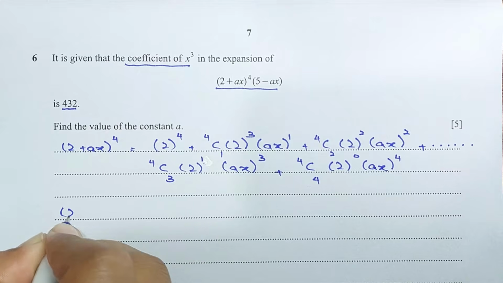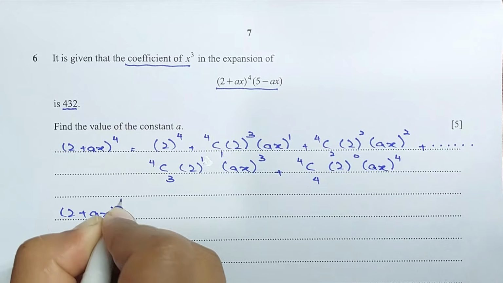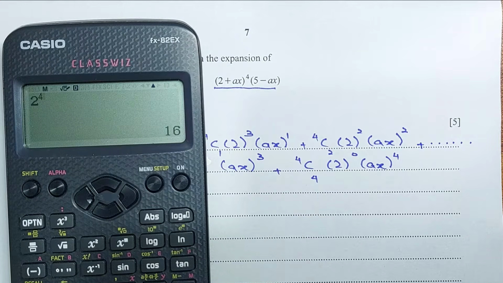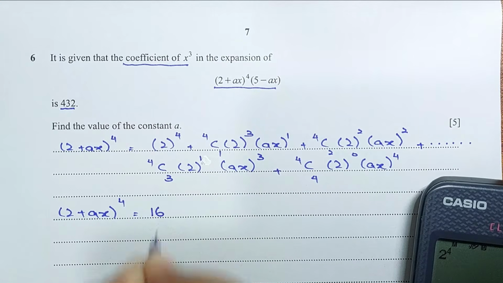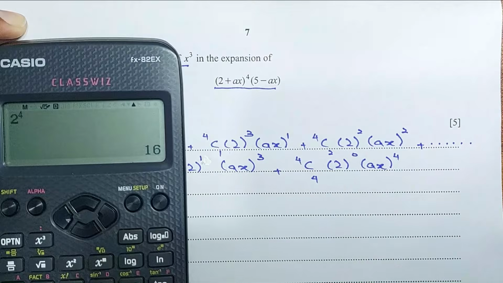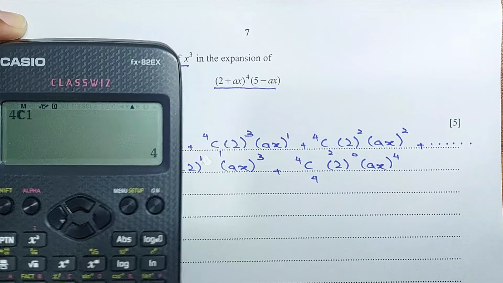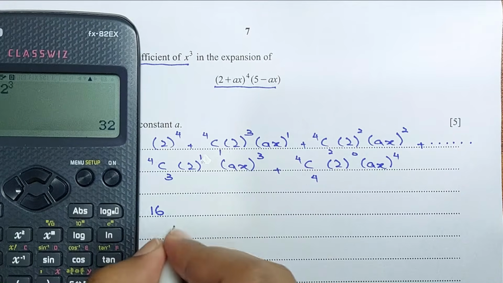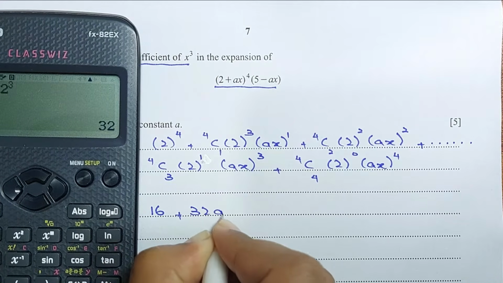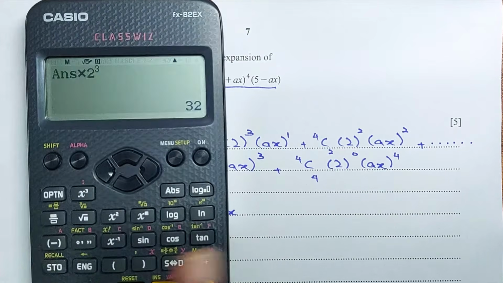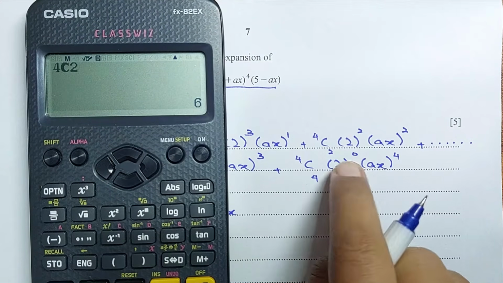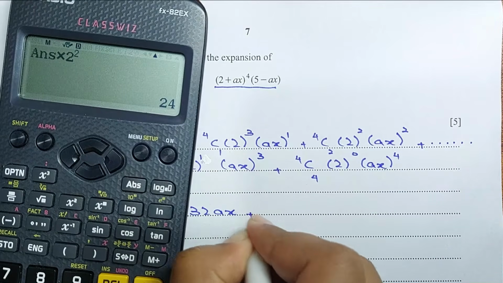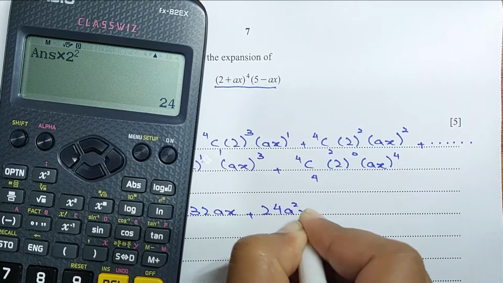Okay, so simplify (2 plus ax) to the power of 4. 2 to the power of 4 is 16. 4C1 is 4 times 2 cube, which gives 32ax. Now this term, 4C2 times 2 square, is 24 a square x square.